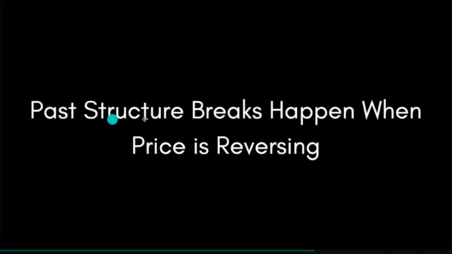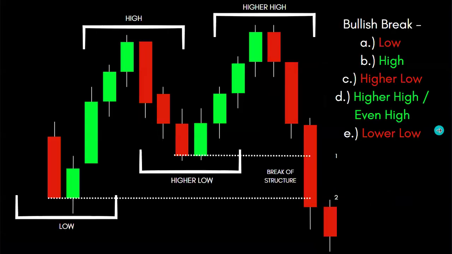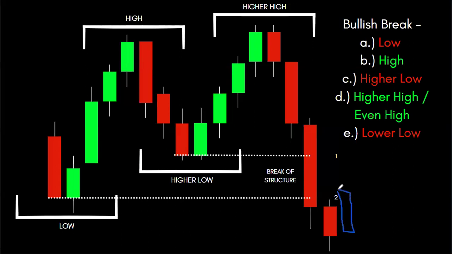All right. Past structure breaks happen when price is reversing. So what I was just talking about, right? Of course, we would need to see a candle form here, right? That would be bullish. Let me change that to blue or green, sorry. So say that you had a candle form here, a bullish candle.